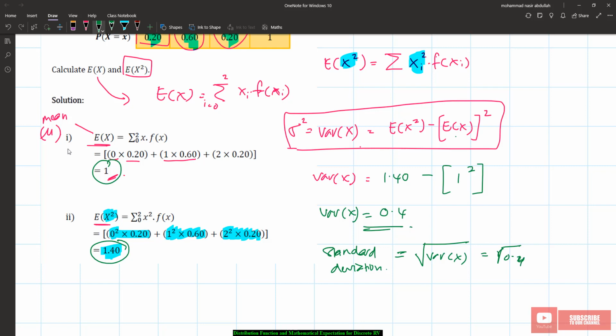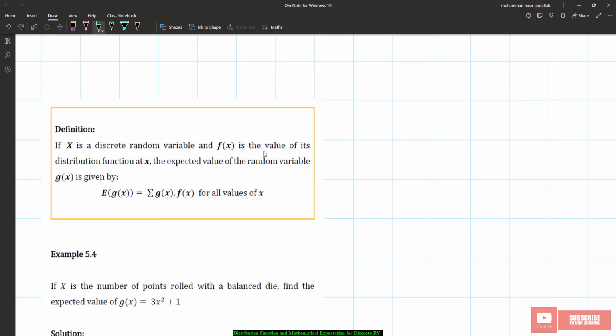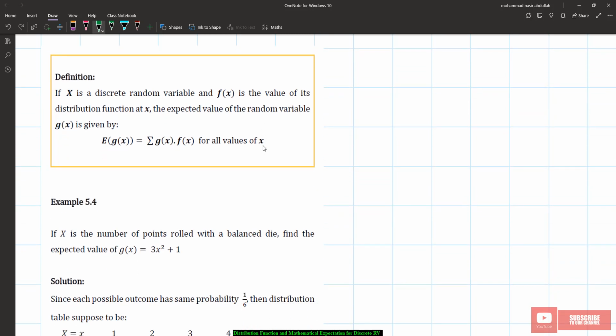Sorry, 0.6, 0.632. Okay. So this is how we find standard deviation and variance. And please remember the formula. This is very simple.